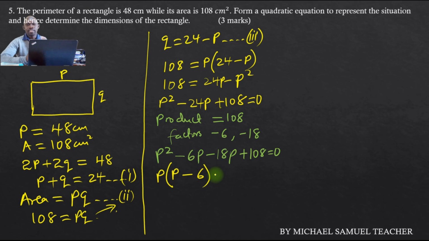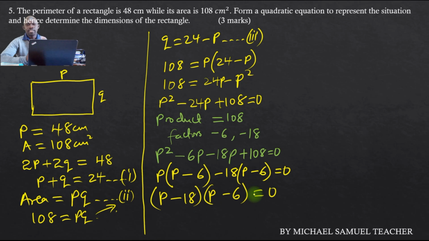And from here, minus 18 is common: minus 18p divided by minus 18 is p, 108 divided by minus 18 is minus 6. Then we take p minus 18 multiplied by p minus 6 equal to 0. If the product of these is 0, then either p minus 18 is 0 or p minus 6 is 0. So we have p equal to 18 or 6.